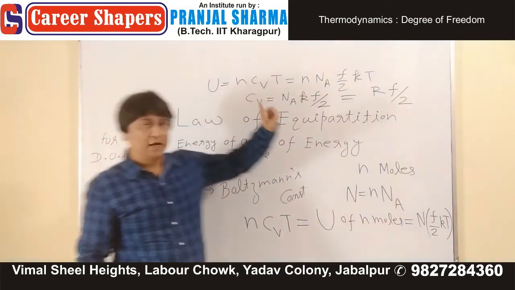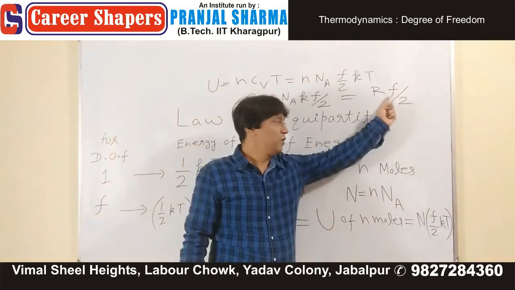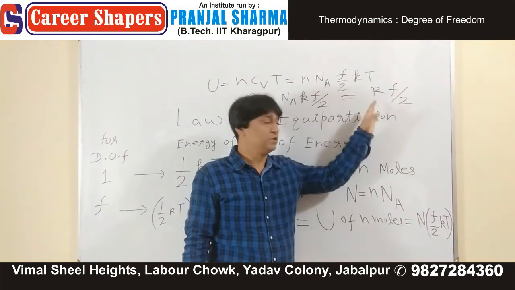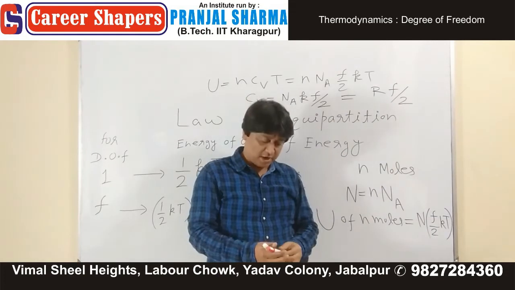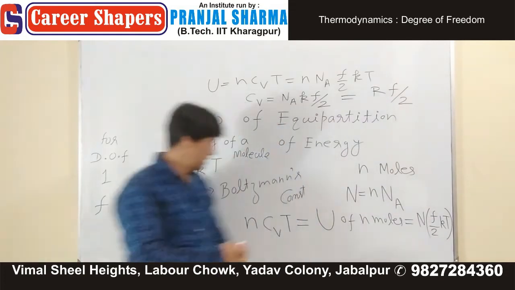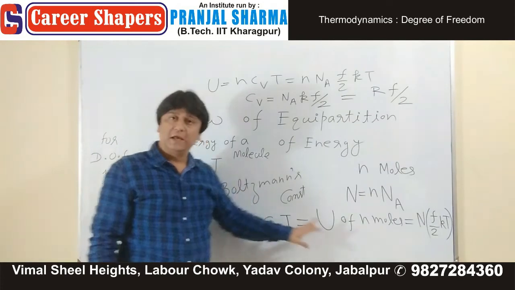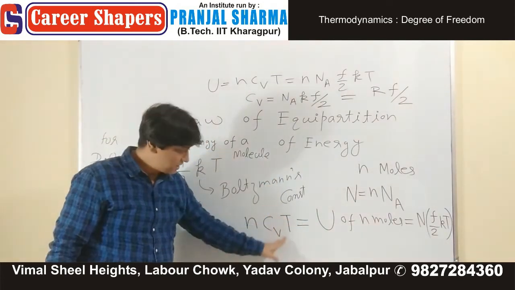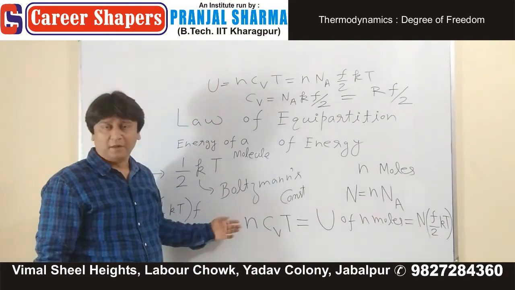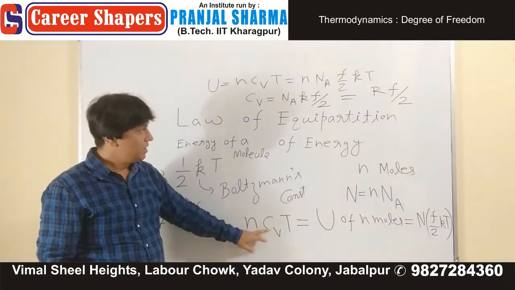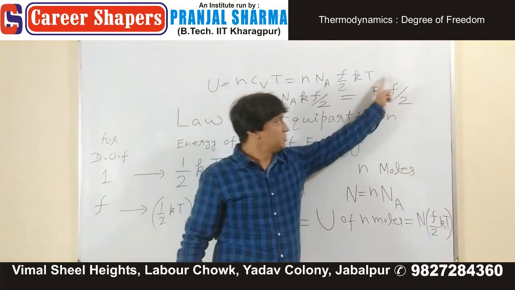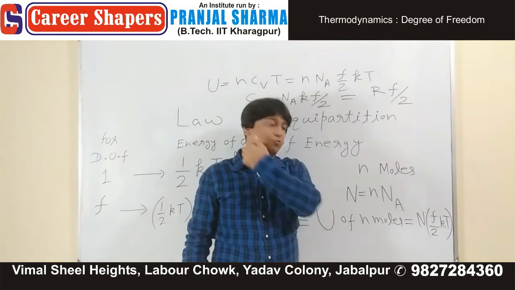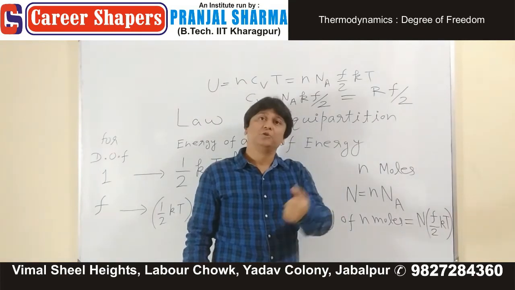Cv in terms of degree of freedom. Now, just listen first and then note down this thing. If you remember the last lecture, I had told you that internal energy is a function of temperature. Everything else is constant: n moles, Cv. Now look at Cv. It's just a constant. We found Cv with the help of what? Isochoric process.